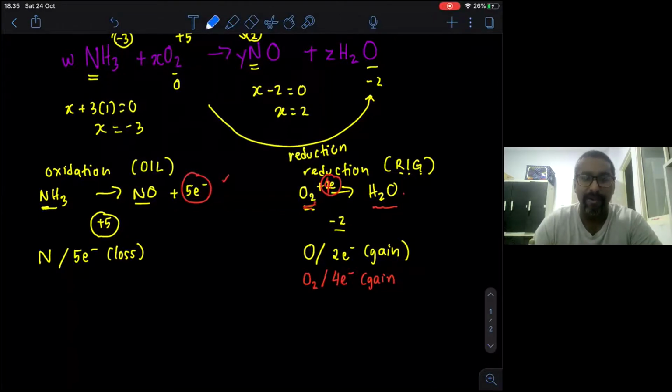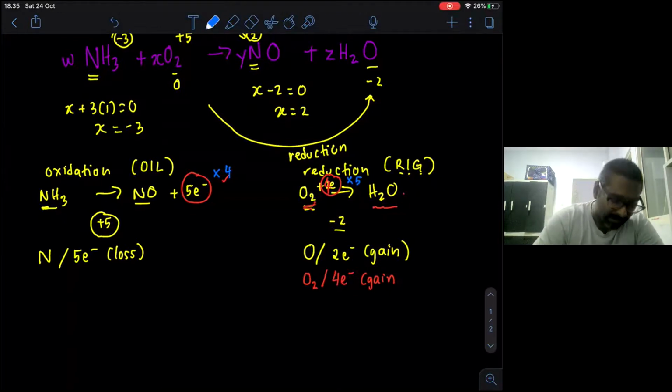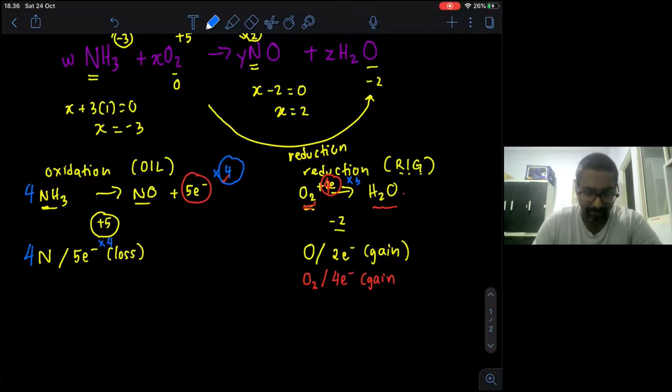We eliminate them by finding the lowest common multiple. The lowest common multiple for 5 and 4 is 20. So I'm going to times this by 4, and this by 5. For the oxidation reaction, I am going to times it by 4, because I need 20 electrons.